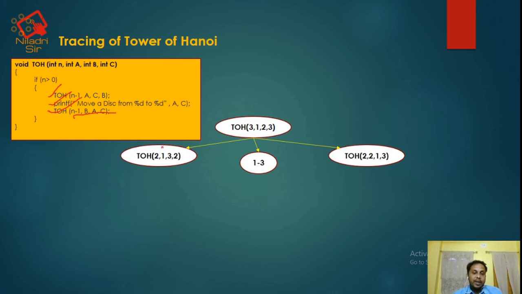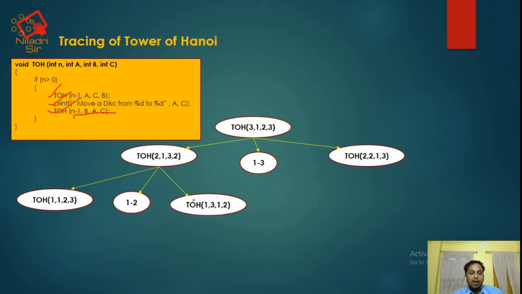Okay, so this is a recursive algorithm. This will again recursively call. So this will again call, that is, n minus 1 disk means 1 disk will be moved from source 1 to destination 3 using 2. After that, there will be a single movement of a disk from 1 to 2.